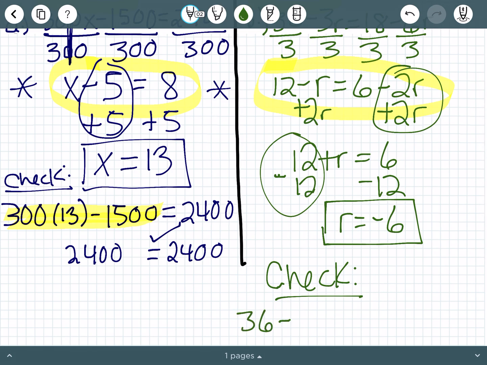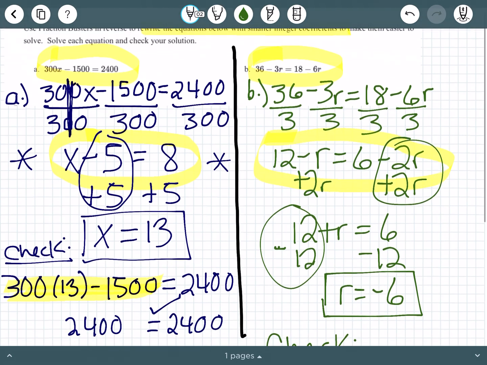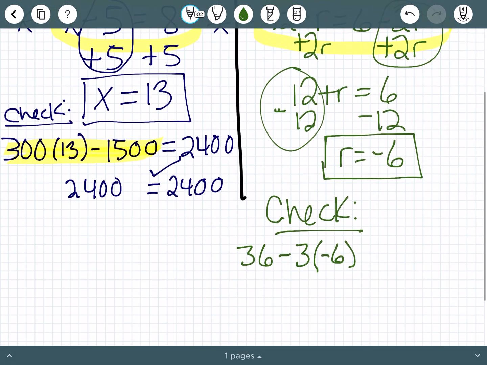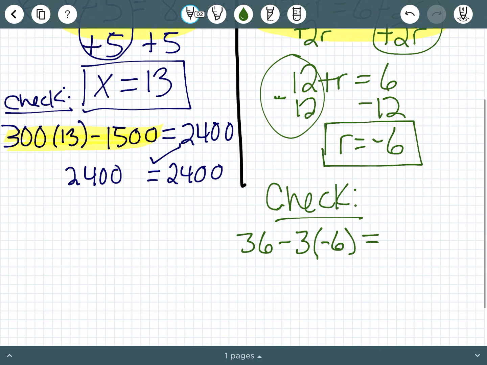So 36 minus 3, instead of r, we're plugging in negative 6 with parentheses, those are very important, equals 18 minus 6, and let's go ahead and plug in that negative 6 for r.